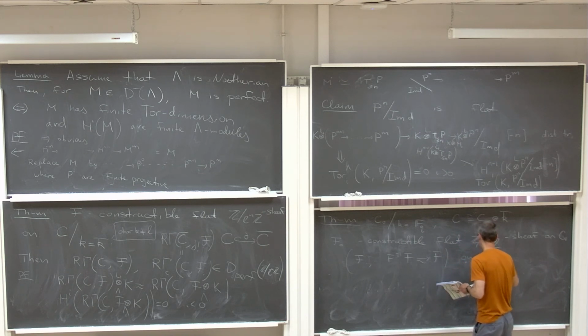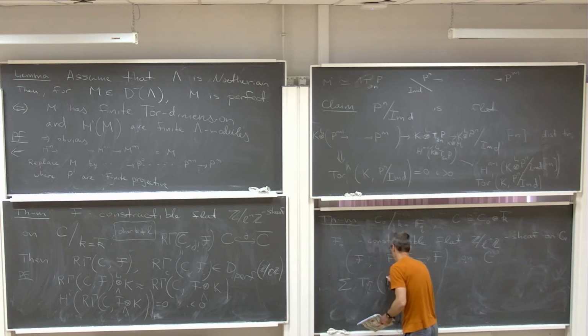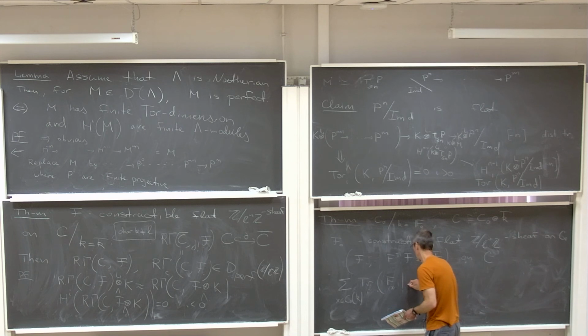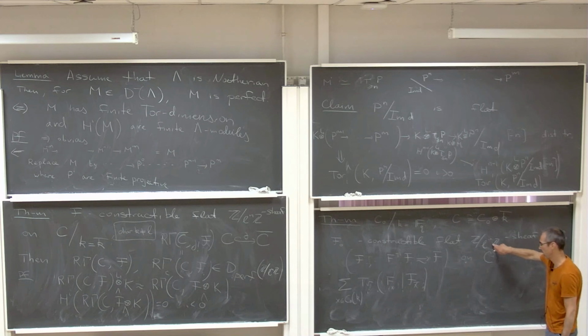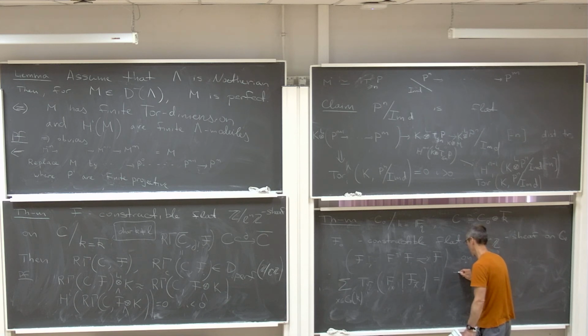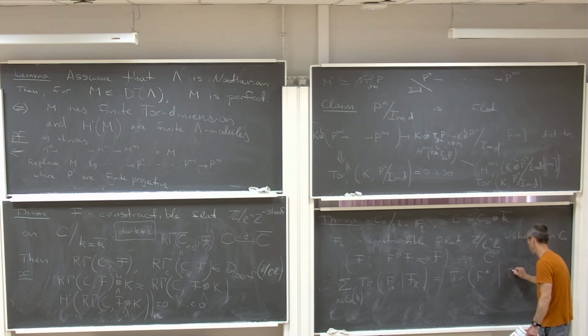This is on C. And then the formula asserts that the sum of traces of Frobenius, over all k points of C0, acting on the fibers, which are flat, so that means that they're actually free, is equal to the trace of Frobenius acting not on the homology group, which doesn't make sense, but on R gamma itself.